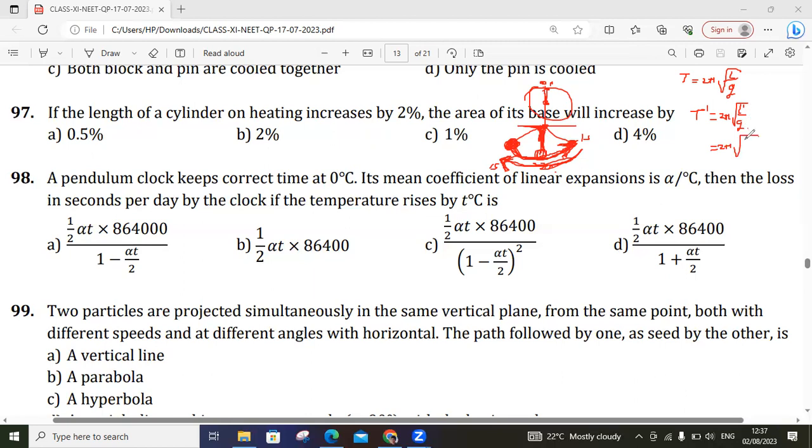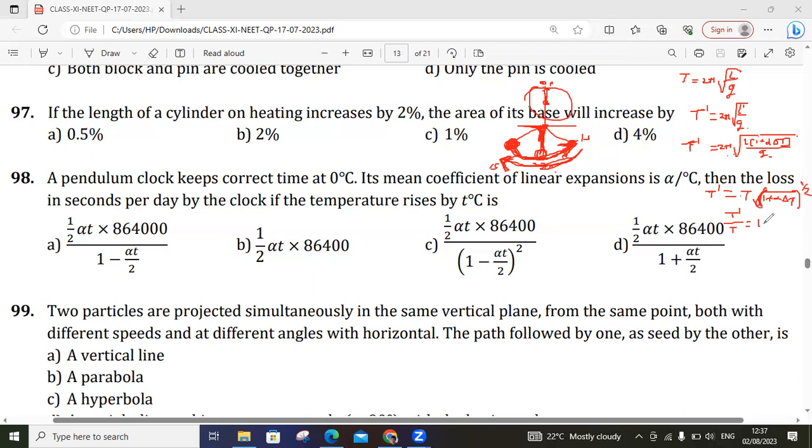Okay. So now you see. We know L dash is equal to L into 1 plus alpha delta t, correct? Alpha is equal to delta L by L delta t, and delta L is L dash minus L. So L dash becomes L into 1 plus alpha delta t. So T dash is 2 pi root of L into 1 plus alpha delta t by g. So now if you see, T dash is equal to 2 pi root of L by g, that is T, into root of 1 plus alpha delta t, correct? So T dash by T is equal to 1 plus alpha delta t whole power 1 by 2.